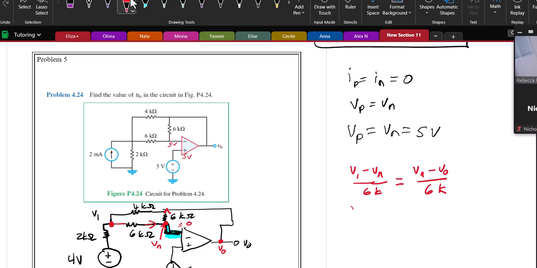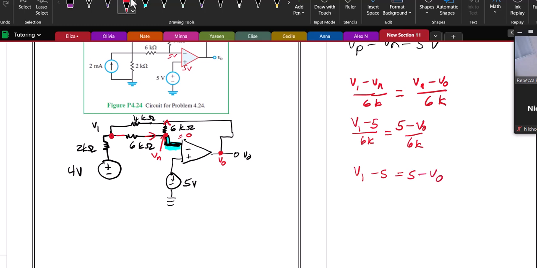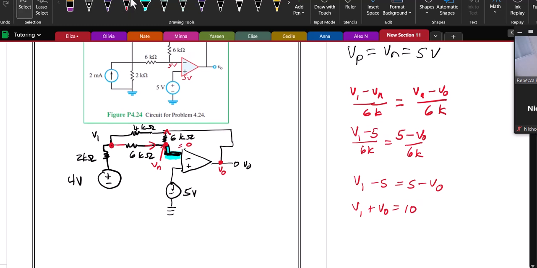I know VN is 5, so V1 minus 5 over 6K equals 5 minus V out over 6K, or multiply by 6K, V1 minus 5 equals 5 minus V out, or V1 plus V out equals 10. Great, so I've got some information right there.